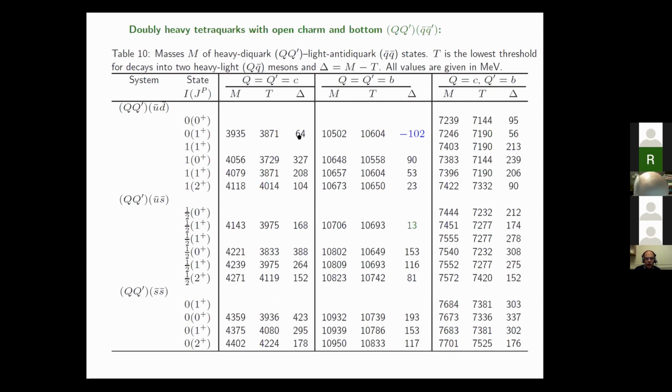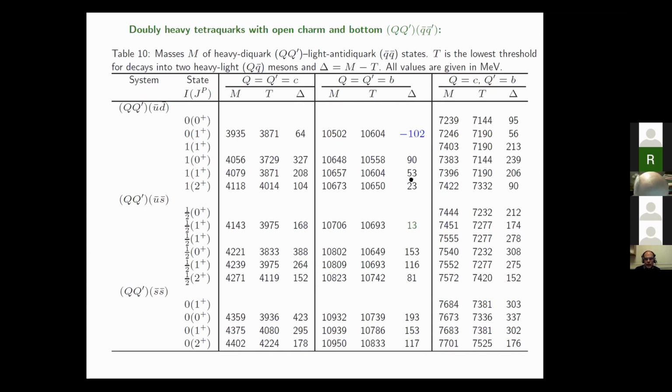So if this value is negative, then the corresponding tetraquark should be a narrow state, which cannot decay into two heavy-light mesons due to quark rearrangement. And we see that this delta is negative only for the tetraquark which is composed of two b quarks and a light antidiquark.